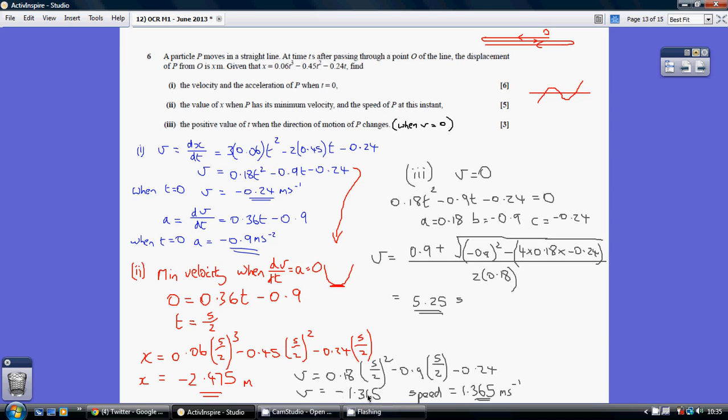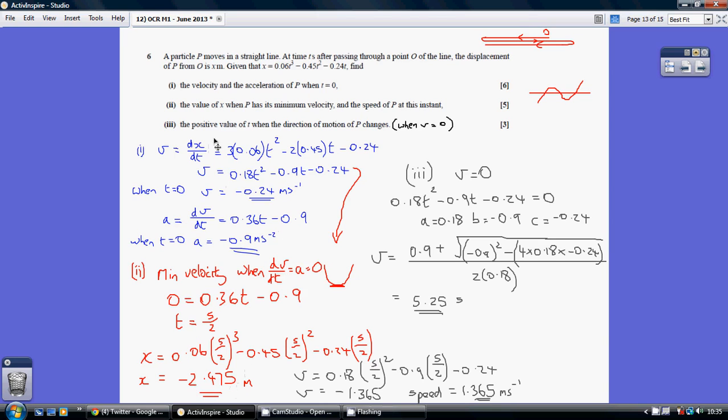Speed is just a number. Velocity is this, but our speed is 1.365. So it's important that your speed you give as a positive. However, your x, your displacement, you must give as a negative, because this is not asking for the distance, it's asking for the displacement. So that has direction as well as magnitude.